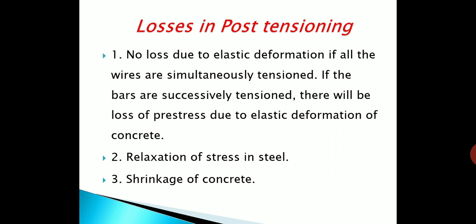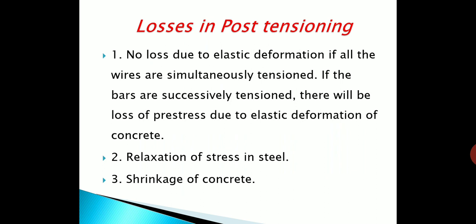Now if your member is post tensioned, the elastic deformation only occurs if the prestress force is not induced in the wires simultaneously. If you go for simultaneous tensioning, the elastic deformation does not happen in the post tensioning method.